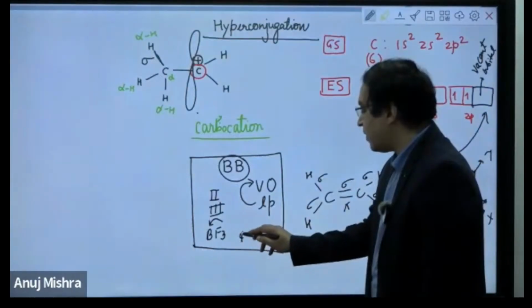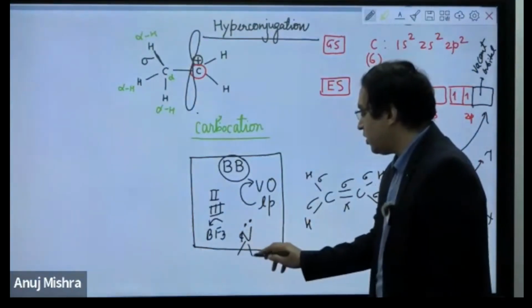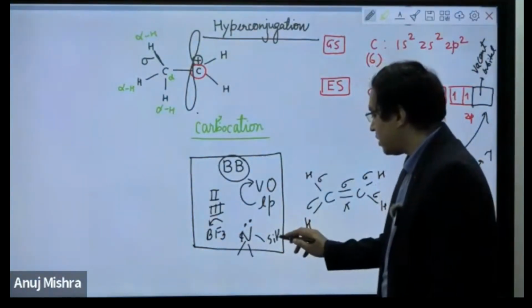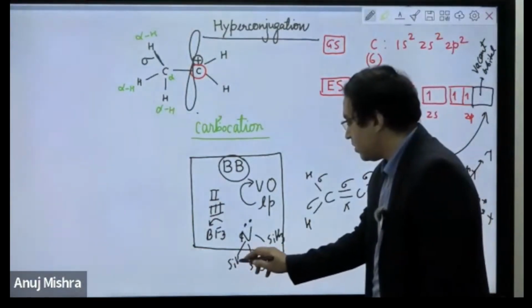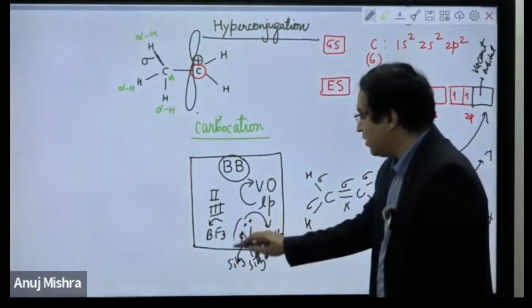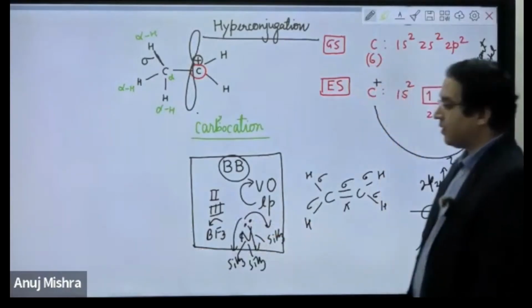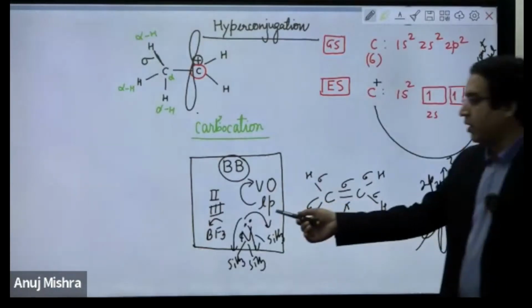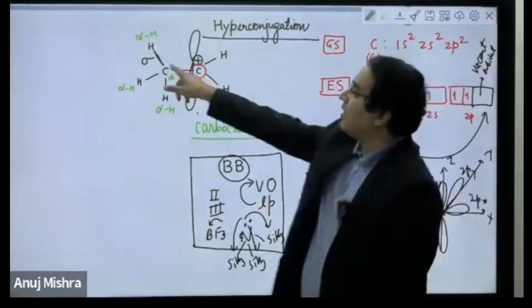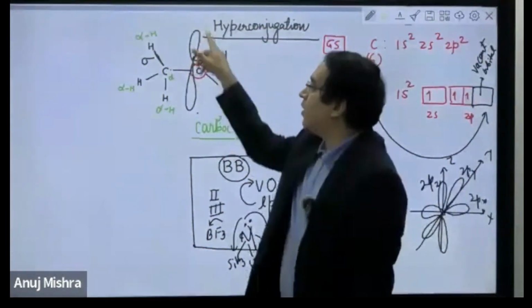Let's say another example can be N with 3 SiH3. These electrons are dragged into the vacant orbital. Hence, the lone pair is absent. Hence, it is trigonal planar. Can you recall these examples? This was back bonding. Don't you think that something like this is happening here? You have a bond, you have a vacant orbital.